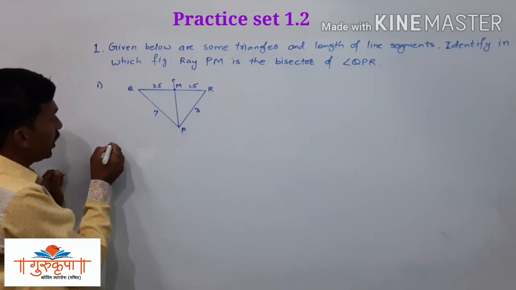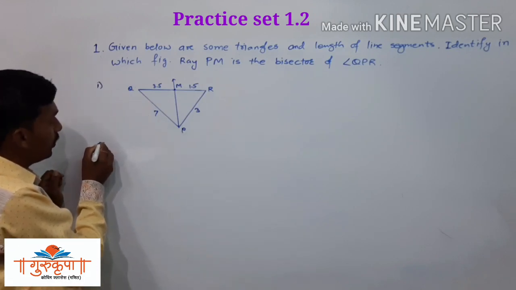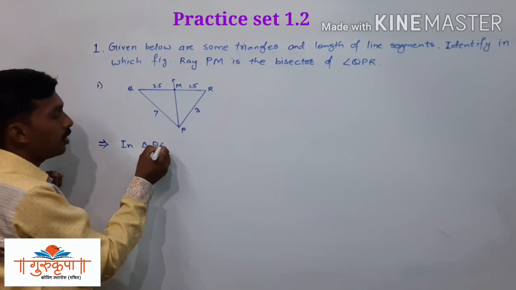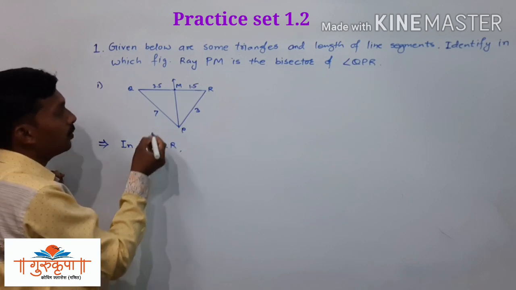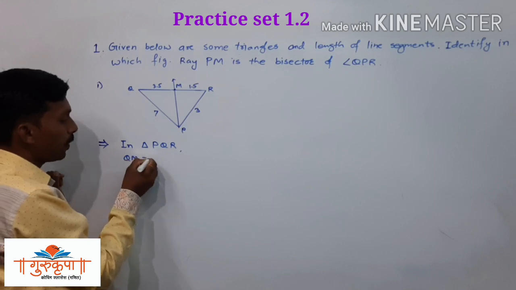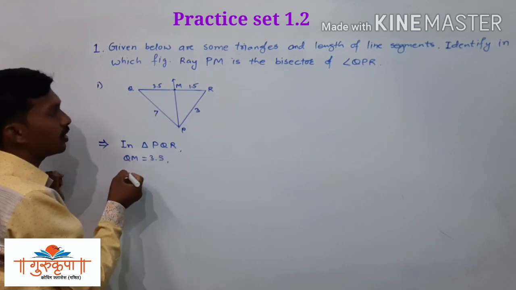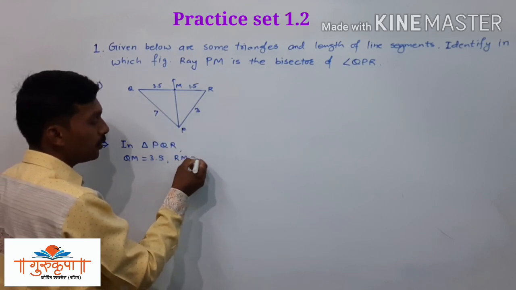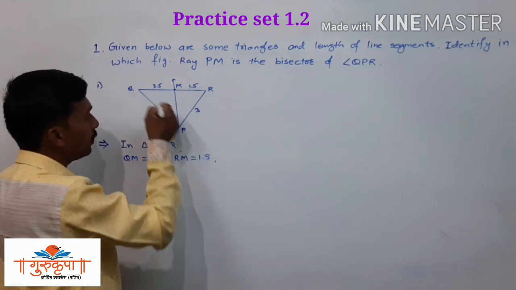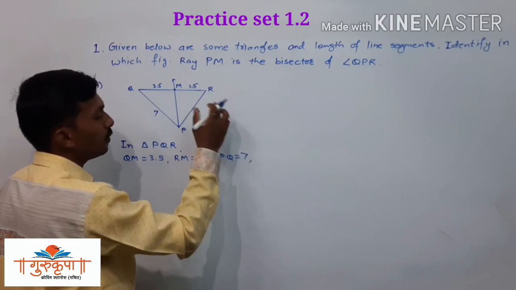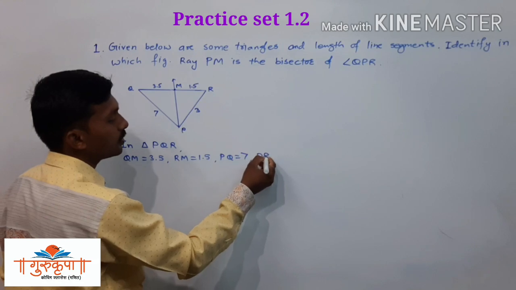So first we will write the information which we have available here. In triangle PQR, we have QM equal to 3.5 units, RM equal to 1.5 units, PQ equal to 7 units, and PR equal to 3 units.